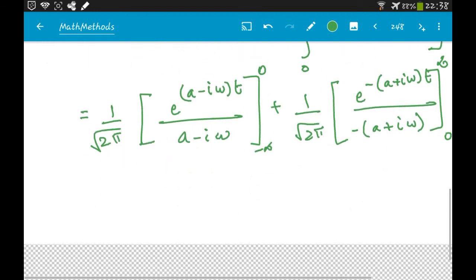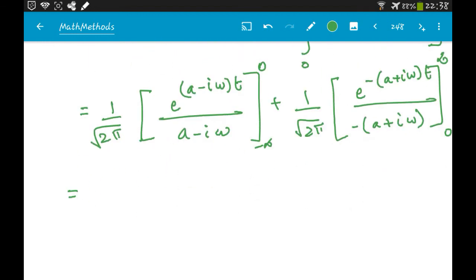So let's calculate this. Again, at minus infinity and plus infinity, the function should vanish. At minus infinity, this term is going to be really small, so the exponential is 0. And at 0, the exponential is going to be 1. So this will be 1 by (a - iω) minus 0.